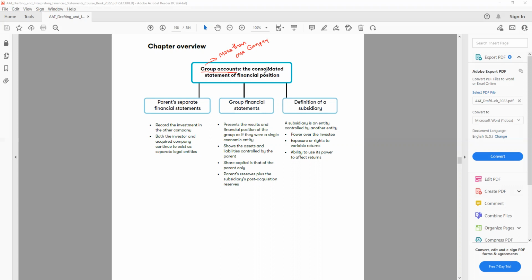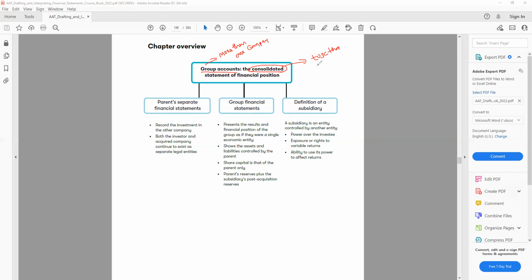The next word we have here is consolidated. Consolidated or consolidation means together. When you prepare a few companies' accounts together, we call it consolidation. So when a few companies together prepare one financial statement, we call it group accounts.